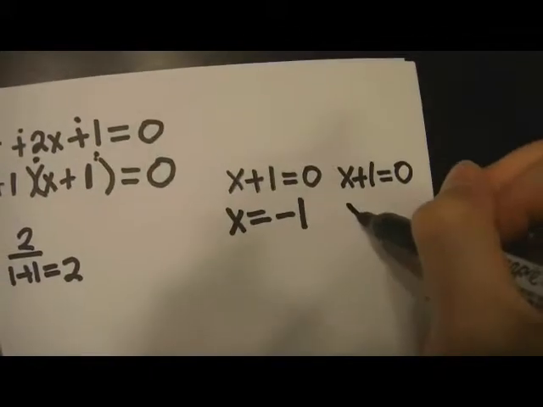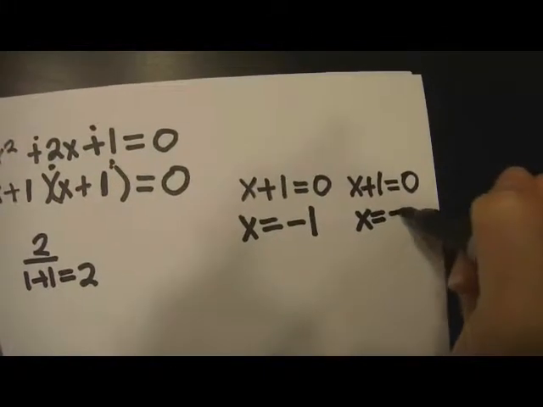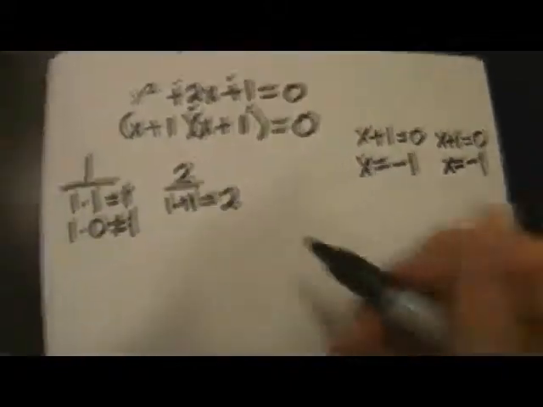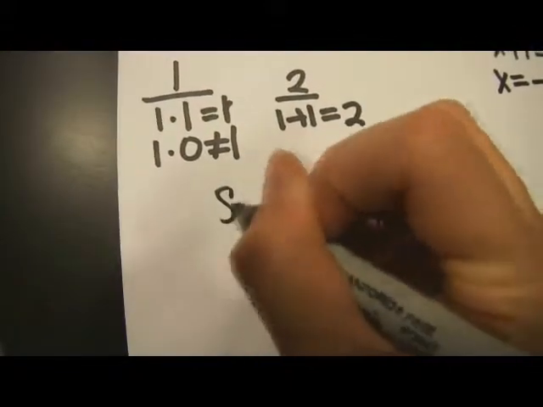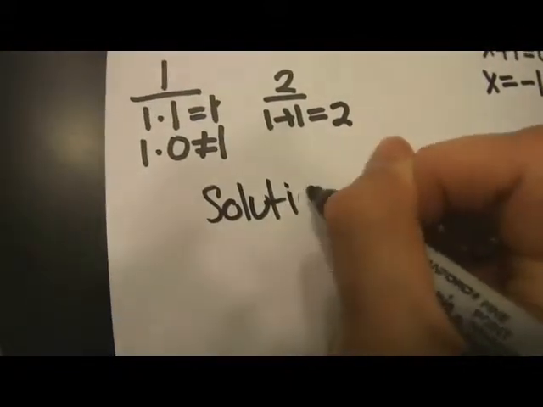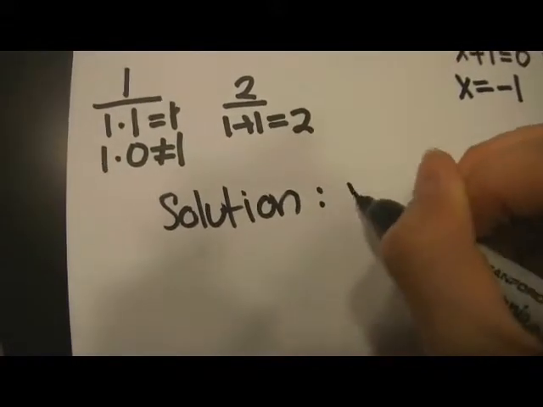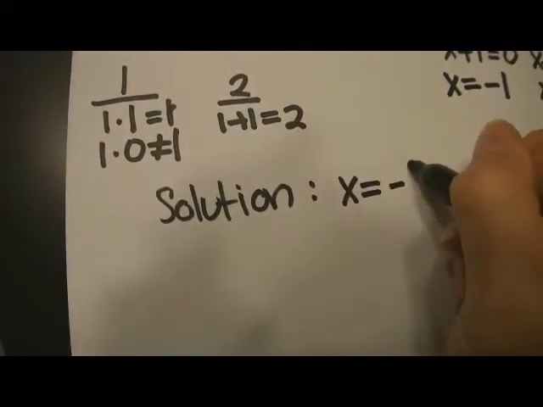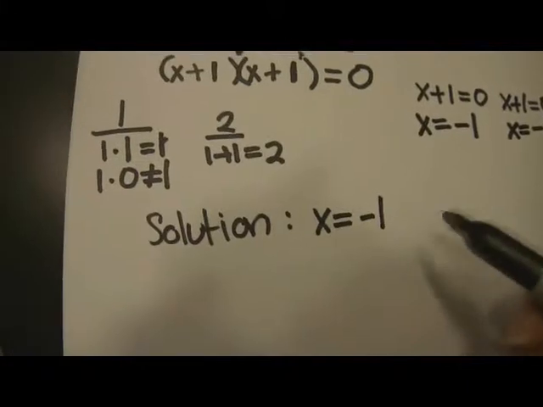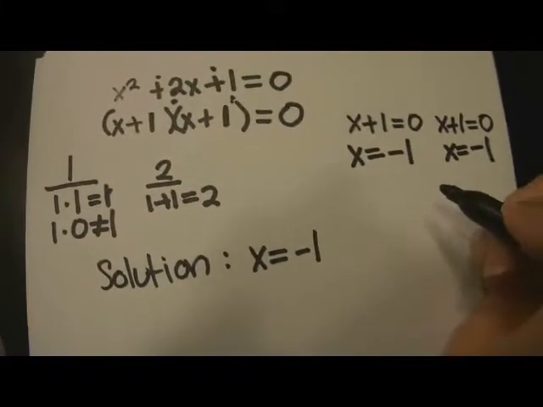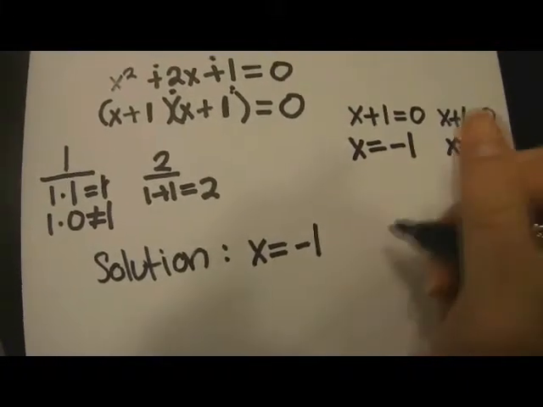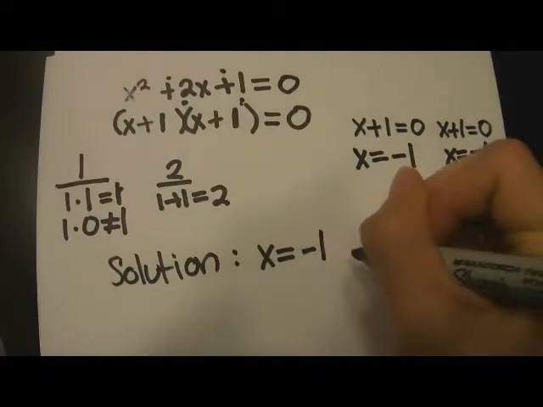Also over here, x is equal to negative 1. Now, we have our solution: x equals negative 1. You don't have to say negative 1 twice because it's a double root.